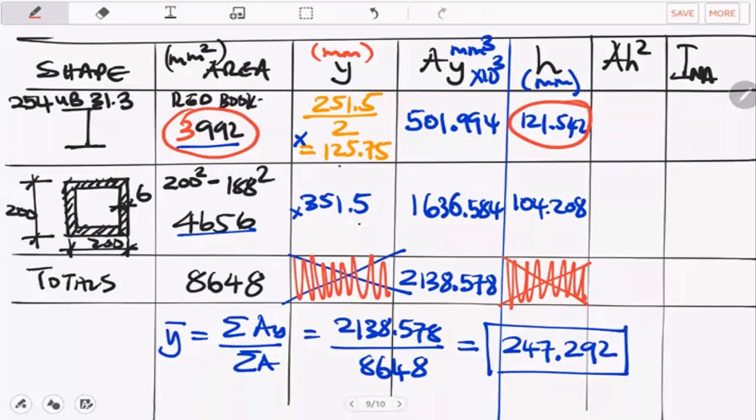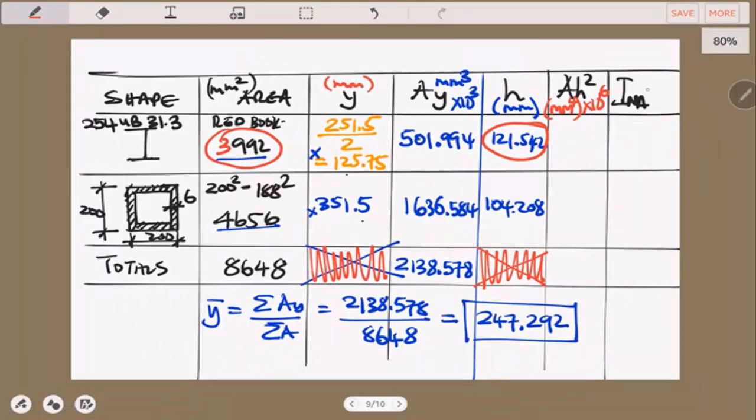Right, so let's get the value. And I want you to express that value times 10 to the power 6, because here you are going to get millimeters to the power 4. So the units of measurement will be millimeters to the power 4, and here it's also going to be millimeters to the power 4.